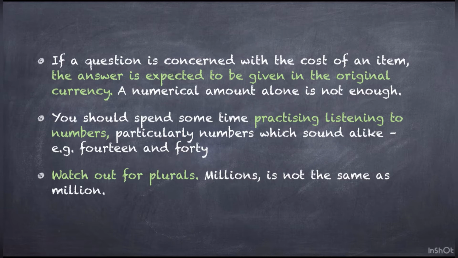Millions is not the same as million. The same goes with uncommon plurals as well, like children and child. One child, two children, they are not the same. The S is important.